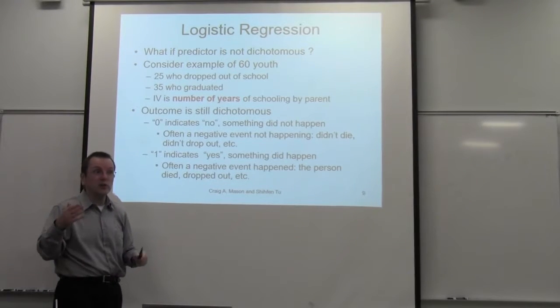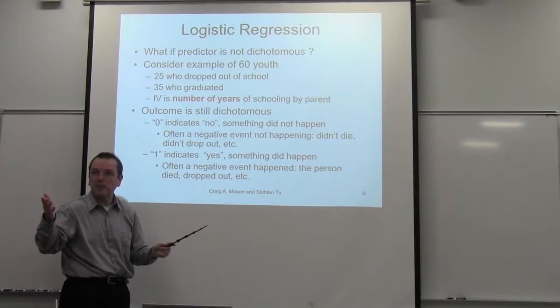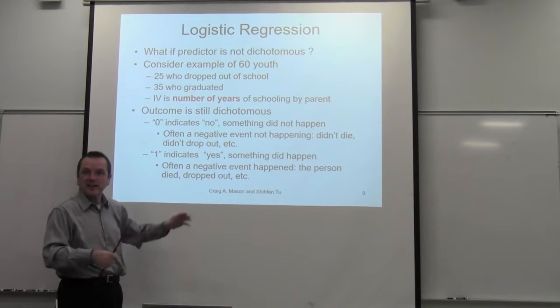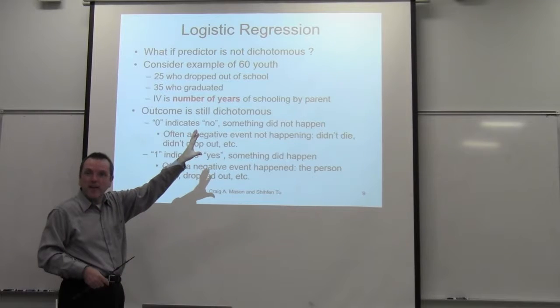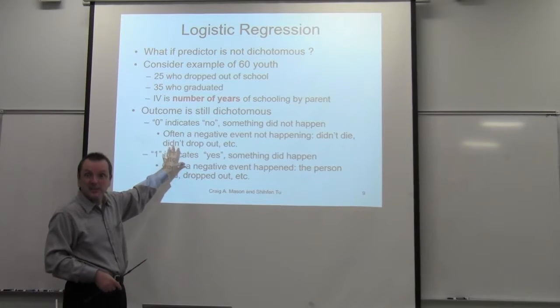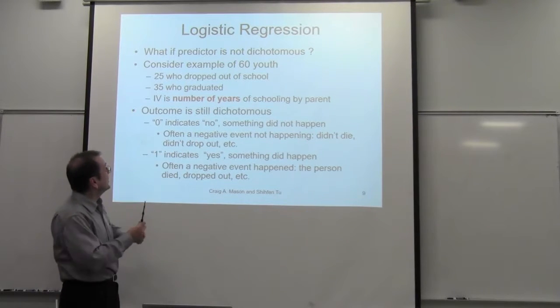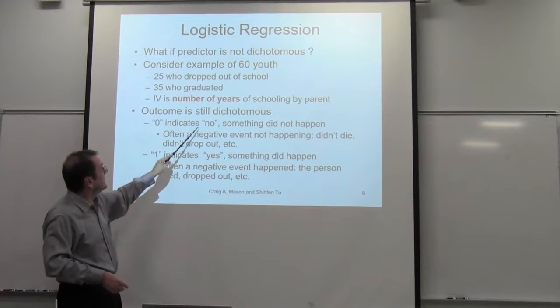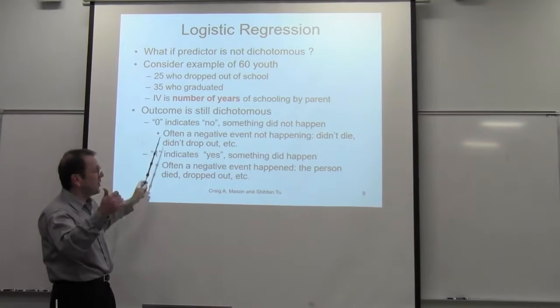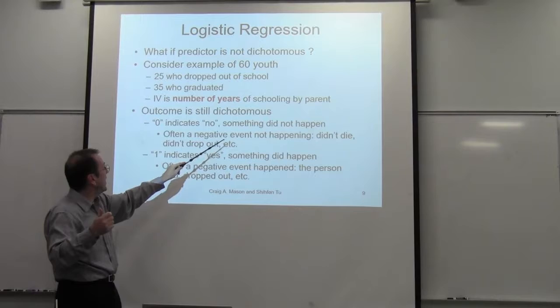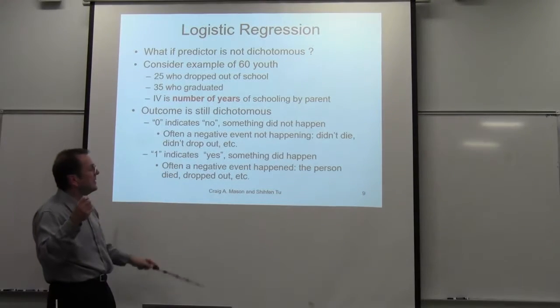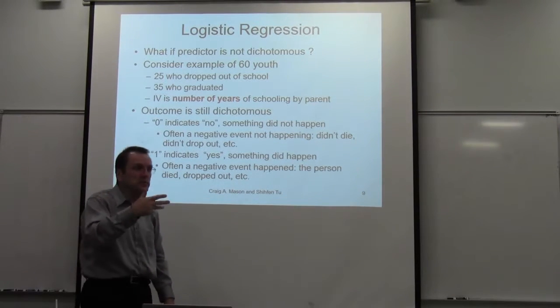And you've heard me talk about this before. It's always a clean way to label your variable in a way that 1 means yes. So in this case, the 0, it didn't happen. It's often some negative event not happening in the research.